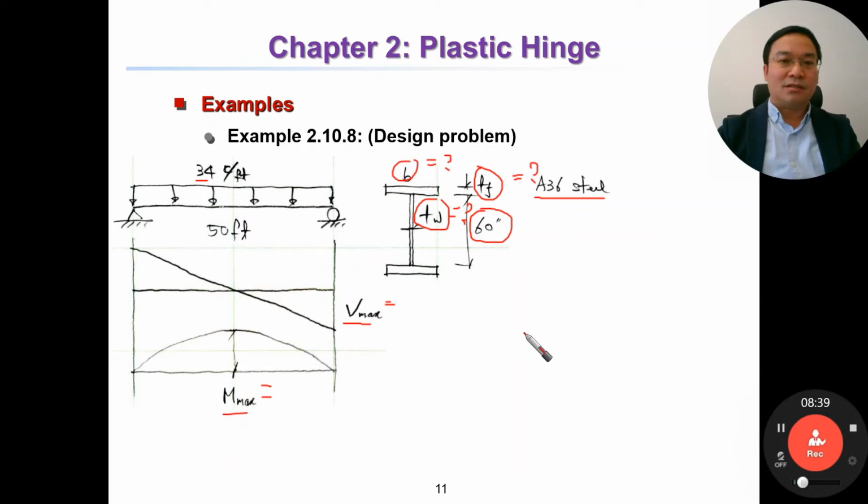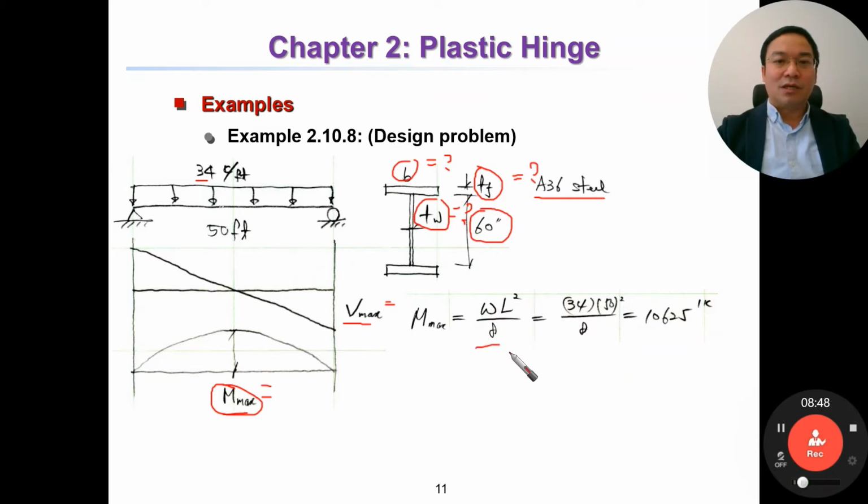Okay, so we have Mx first. Mx equal to load multiplied by length squared over 8, simple, right? And here we have 34 multiplied by 50 squared divided by 8, then equal to this one. Keep feet.